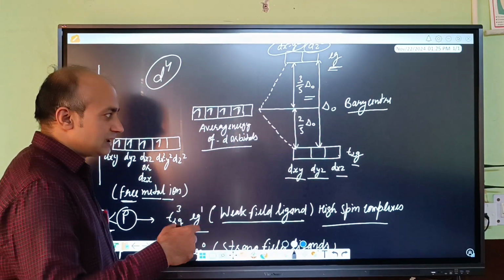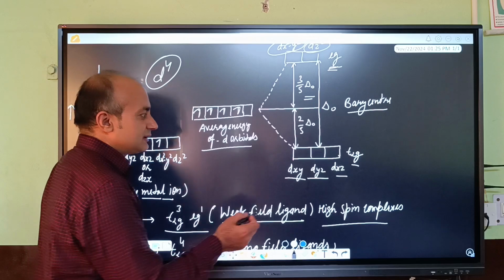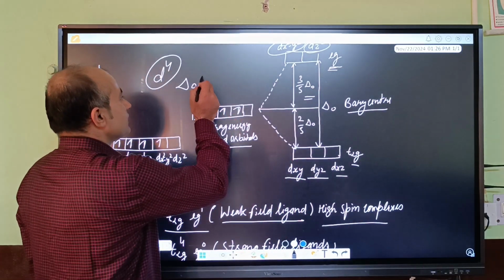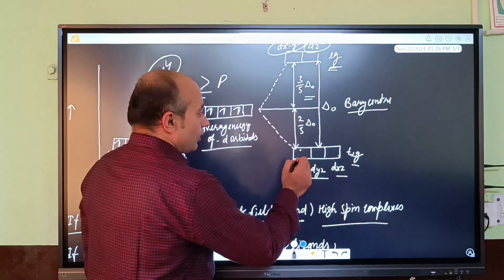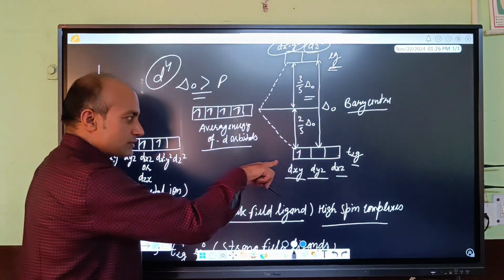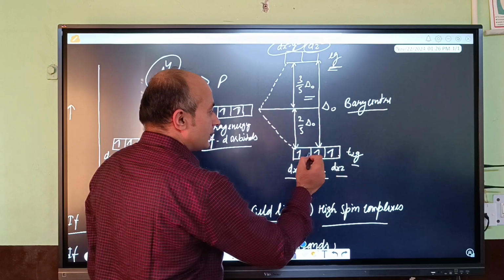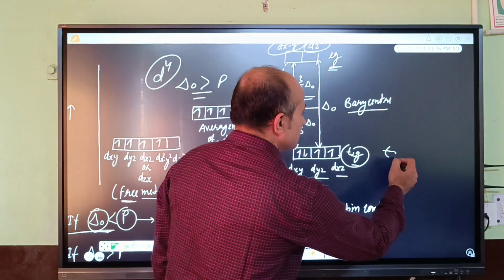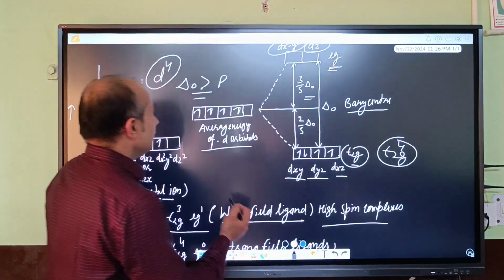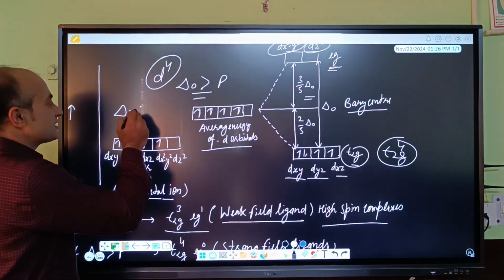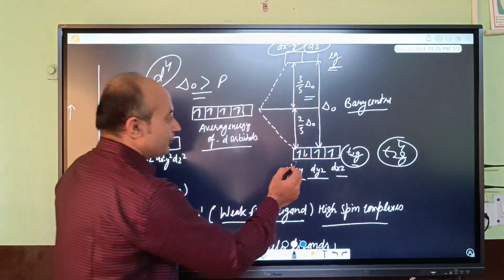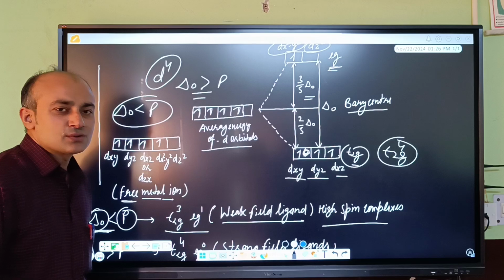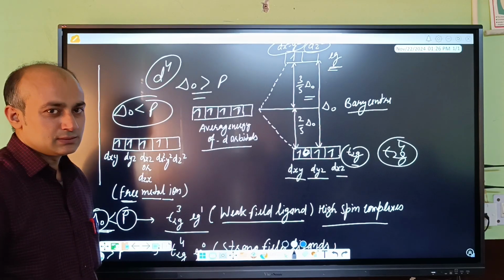If the ligands are strong field, then pairing will be possible, meaning delta O is more than P. So the first electron goes in the lower energy level, then the second, third and fourth. The pairing is possible, and the configuration is T2g4. If delta O is less than P, then the fourth electron goes into dx square minus y square.